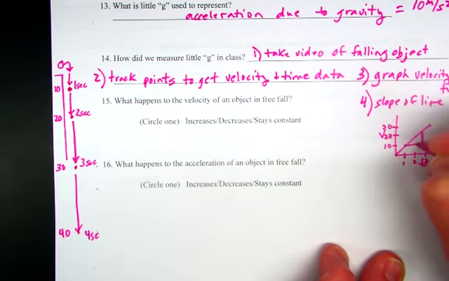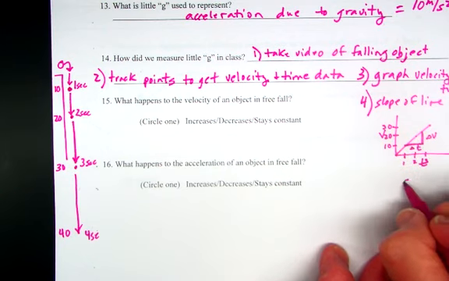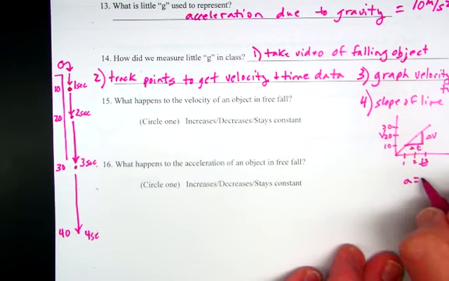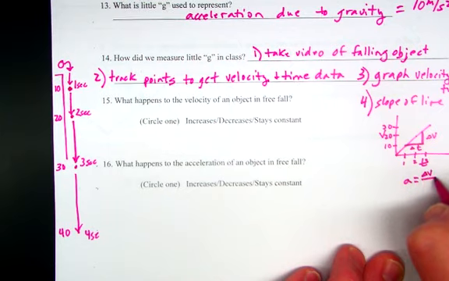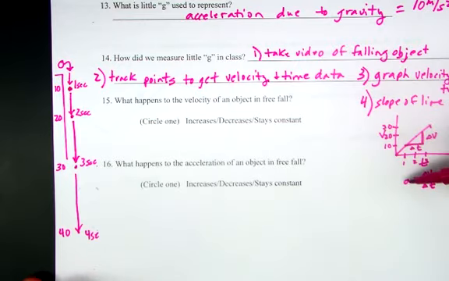And if you find the slope of the line, what you're doing is finding the change in the y direction over the change in time. And if you remember, that is the equation for acceleration: change in velocity over change in time. So the slope of a velocity versus time graph is acceleration.